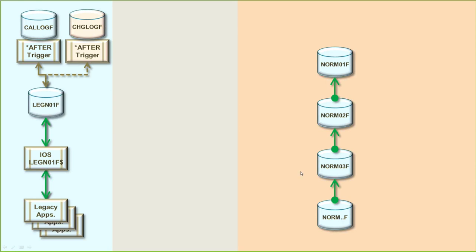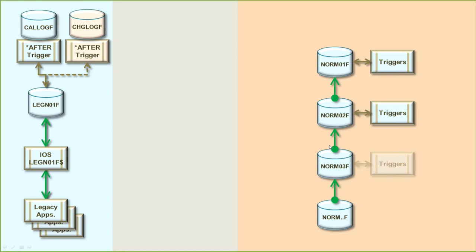I can then go through and write triggers for each of these normalized files. Now, these are probably going to be before triggers. Some of them could be after triggers.